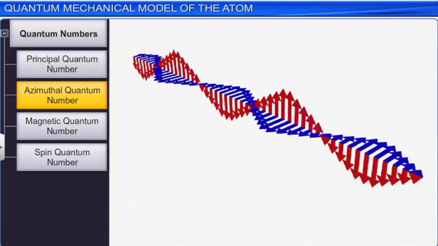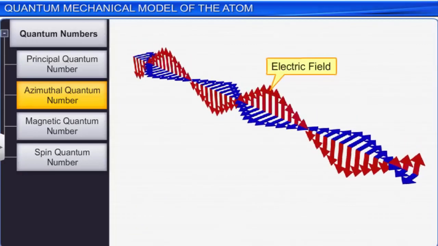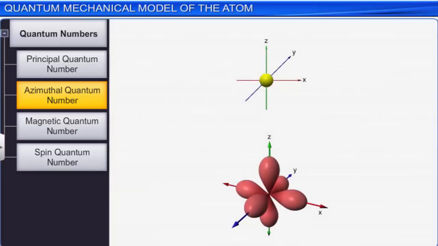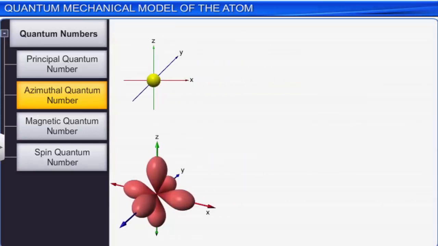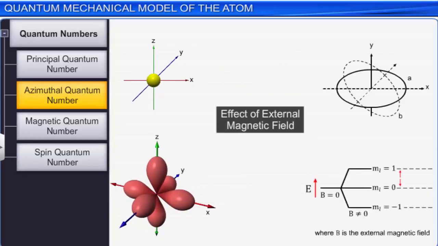An electron moving in a subshell generates an electric field and magnetic field resulting from its motion around the nucleus. Thus, under the influence of an external magnetic field, the electrons moving in the subshells tend to reorient themselves into specific orbitals.